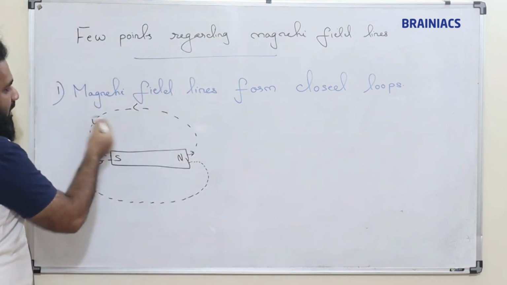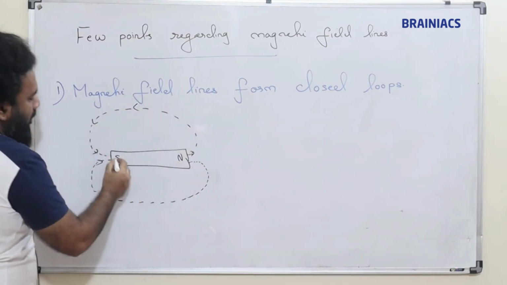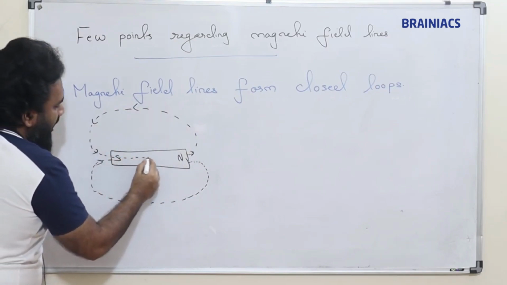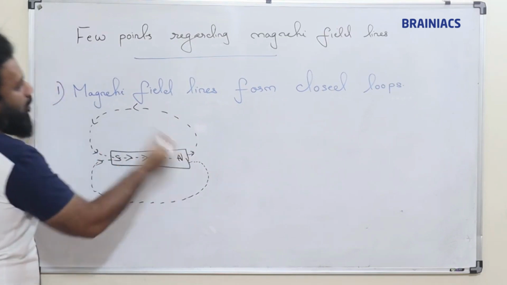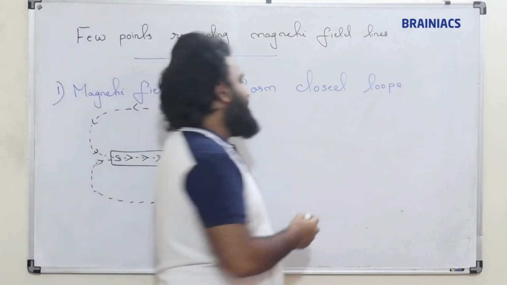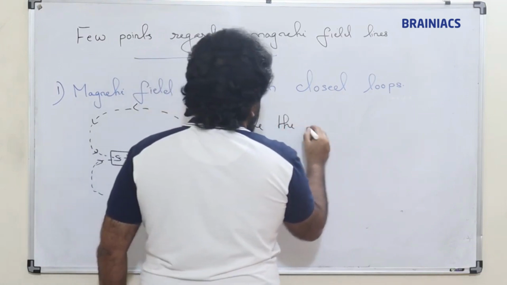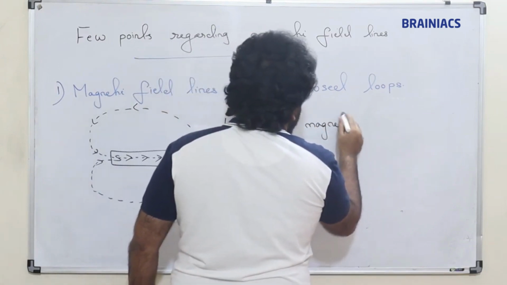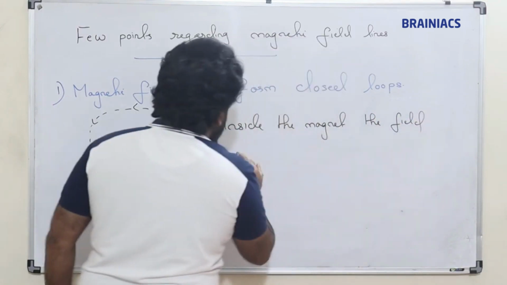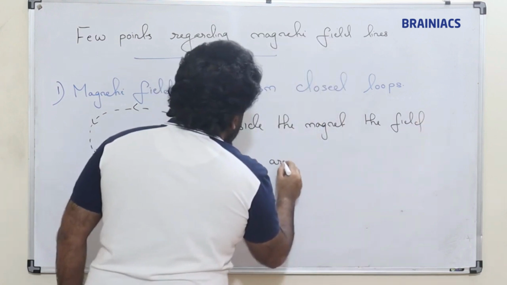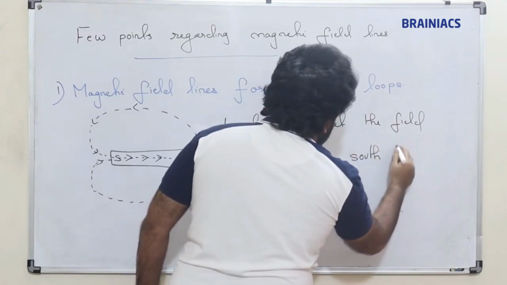Now this forms a closed loop, meaning outside the magnet the field lines go from north to south, but inside the magnet the field lines are from south to north.